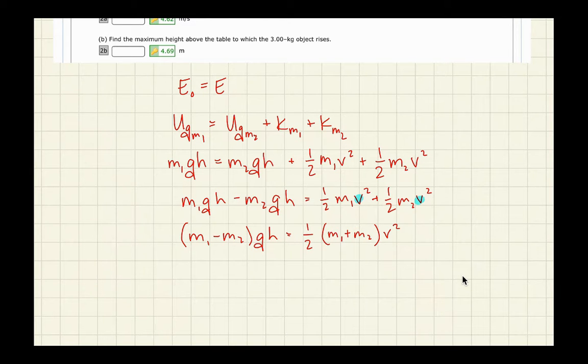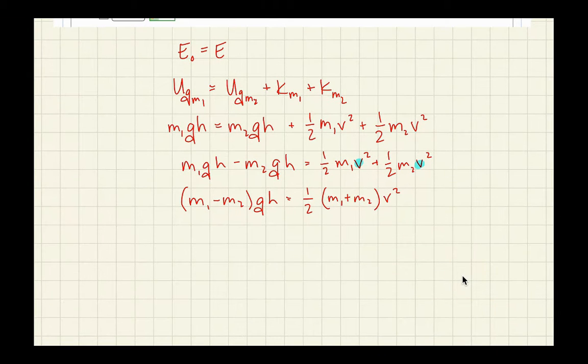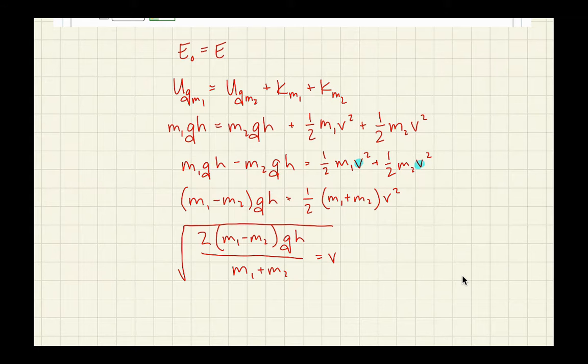And then our goal here is to solve for that velocity. So, simplifying this further, 2 times (M1 minus M2) times GH all over (M1 plus M2) equals V squared, and V will be the square root of this value on the left side. So there's my final answer for part A of this problem.